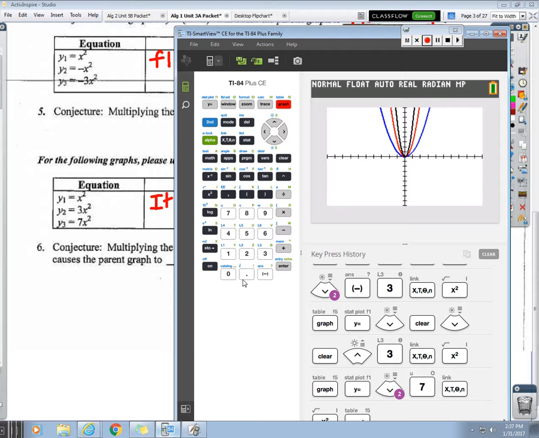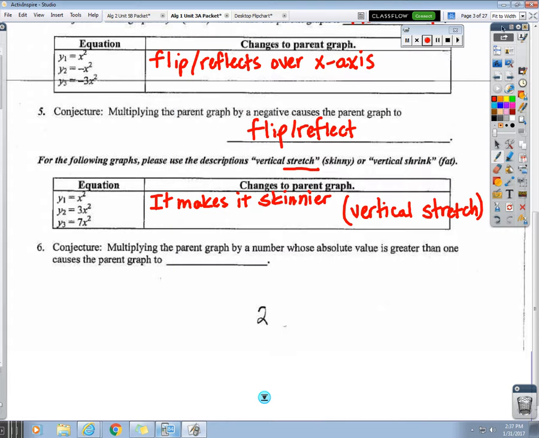It stretches. Okay, so multiplying the parent graph by a number whose absolute value is greater than 1 causes the parent graph to stretch or get skinnier, right? Okay, go and flip to the next page.